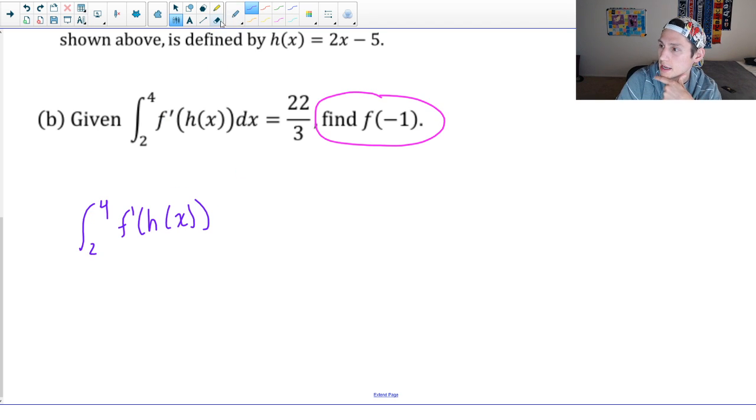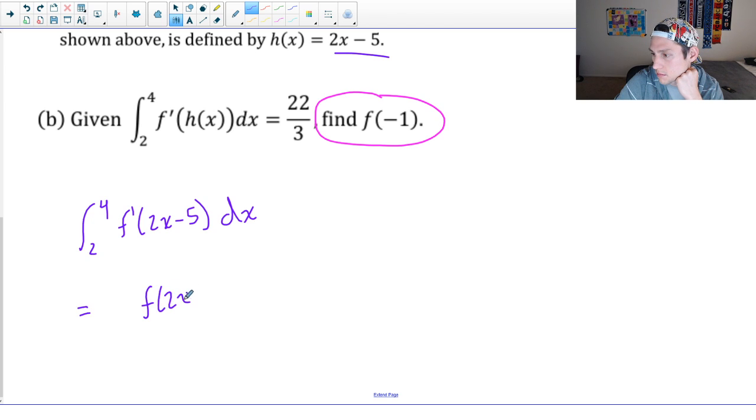Now remember, I already know what h of x is. H of x, the problem tells us, is 2x minus 5. Okay, so if I actually wanted to take the antiderivative, or the integral of this, the antiderivative of f prime is f. But since there's the 2x minus 5, I have to think, what would the derivative of 2x minus 5 be?